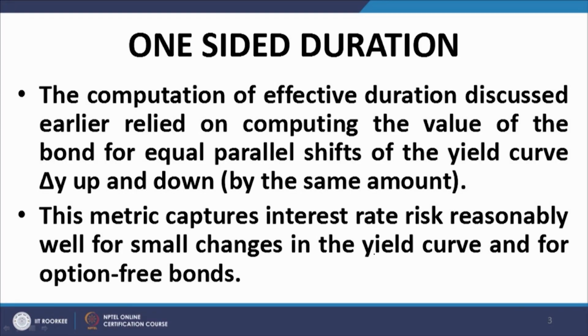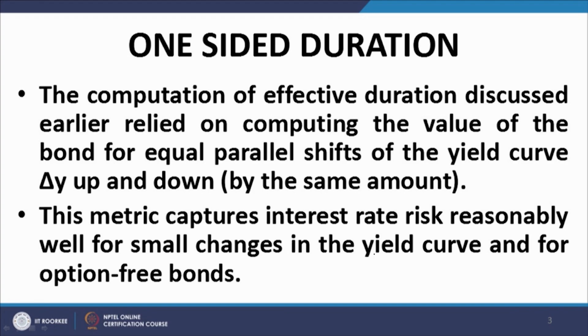So, the computation of effective duration discussed earlier relied on computing the value of the bond for equal parallel shifts of the yield curve, delta y, up and down. That is what I mentioned just now. First we talk about an increase in y, and then we talk about a decrease in y by the same amount of delta y.